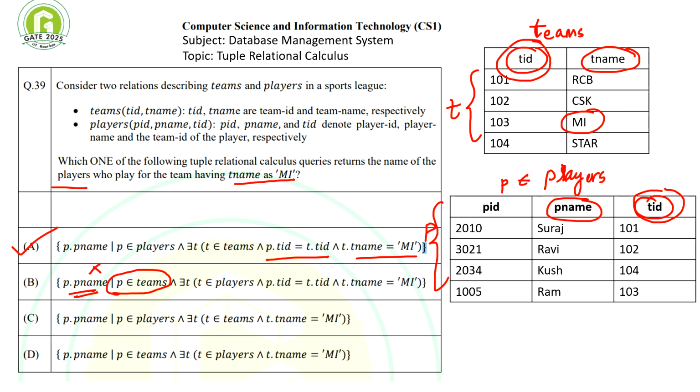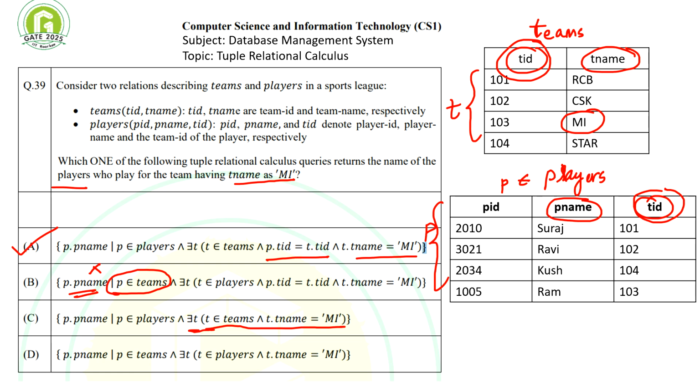Option C, p.pname where p belongs to players, correct till this point, and there exists t such that t belongs to teams and t.tname is equal to MI. The only difference between A and C is that here this part of the query is always true.